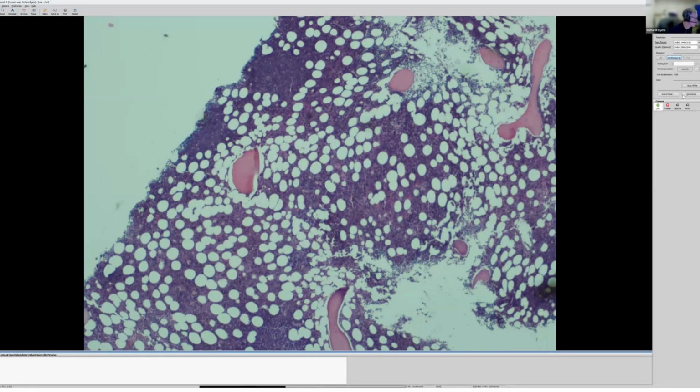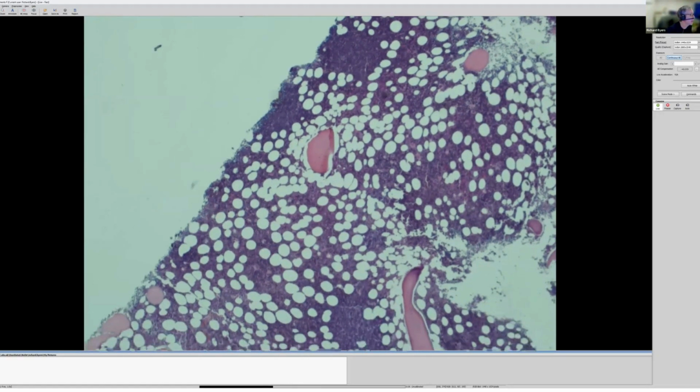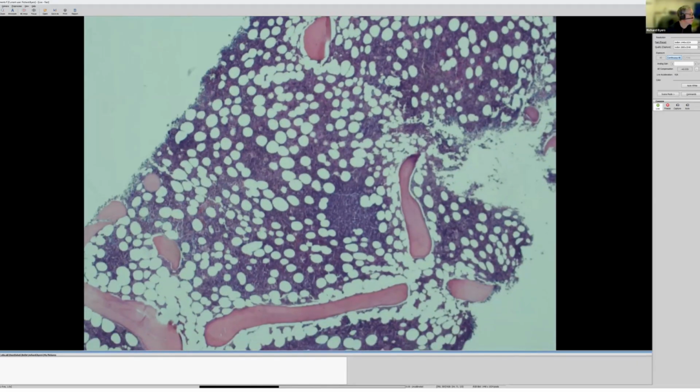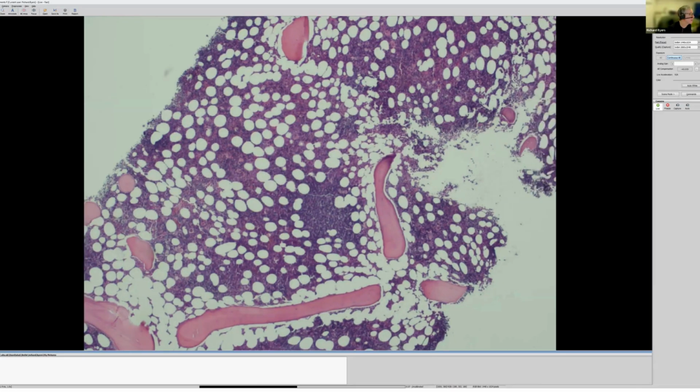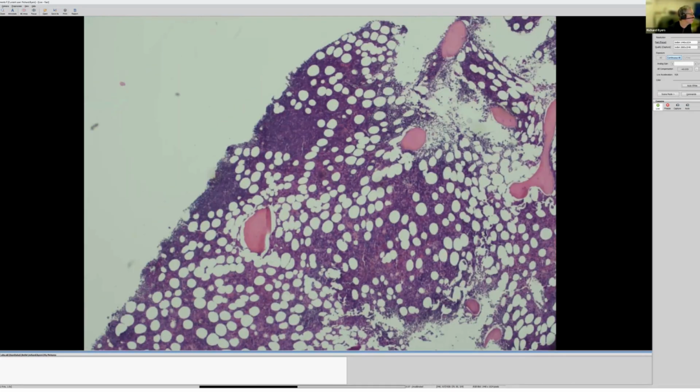So his hemoglobin is 137, platelets 160, neutrophils 4.5. So normal, really. And looking through, you've obviously got areas of infiltration, like there. And up here, up here.